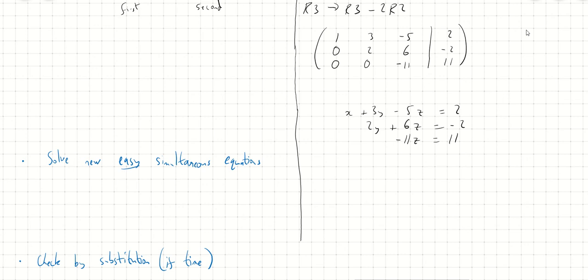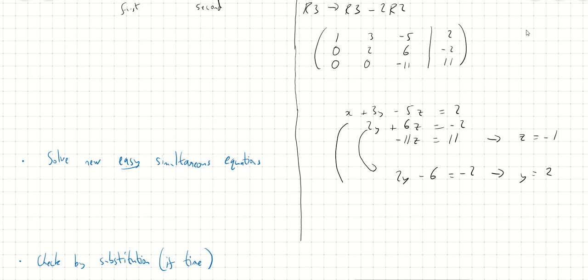We look at the third equation first. Minus 11z equals 11, so z equals minus 1. Now we look back at the second line. 2y plus 6z. If z is minus 1, this is 2y minus 6 equals minus 2. So 2y is equal to 4, so y is equal to 2.